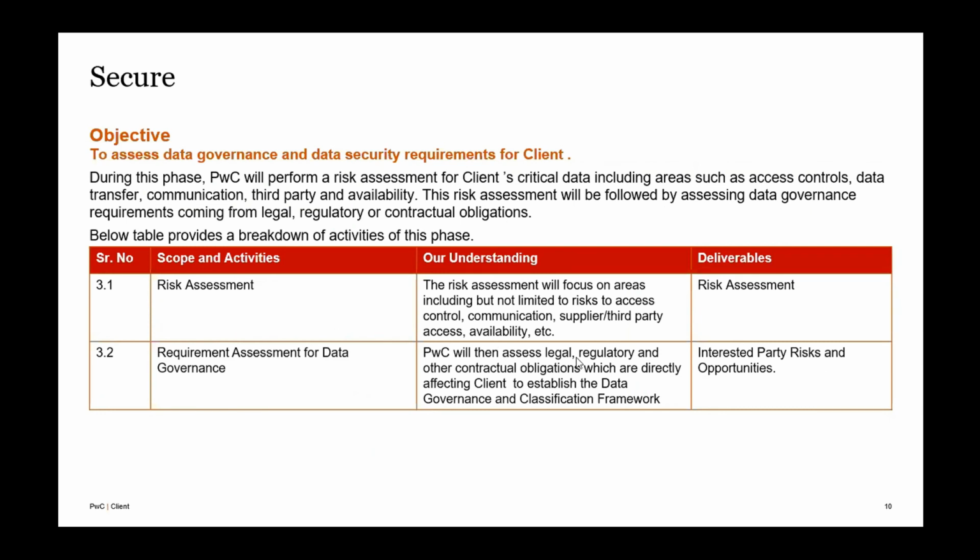Thereafter we would have a discussion with the stakeholders of the organization to see whether they are agreeable to the mitigation controls that we have given. So this is a point where we would be jointly working with the organization. There could be situations where controls may not be able to be implemented, or there could be a workaround for those. So that's one part.